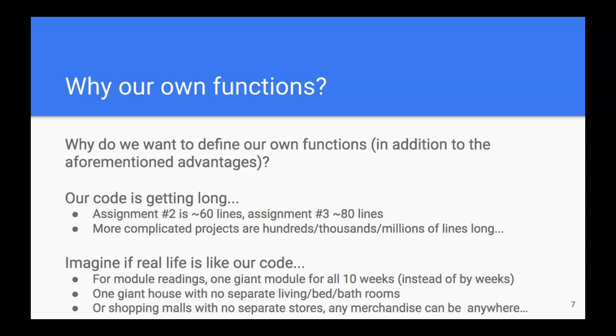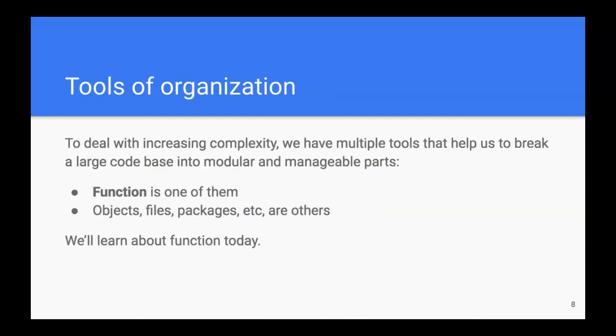Or a shopping mall, where currently you have separate retail stores. One store might sell you groceries, another store might sell you shoes. Instead of that, imagine there are no separate stores, just one giant mall where any merchandise, any product can be anywhere. Well, that's what life would be if we didn't have ways to modularize complex projects into smaller parts.